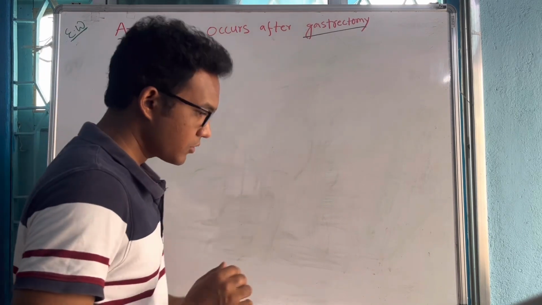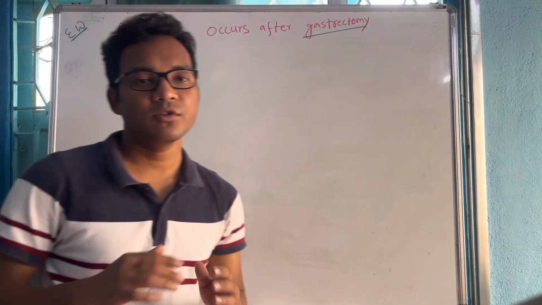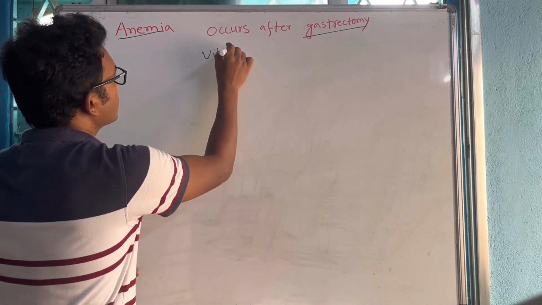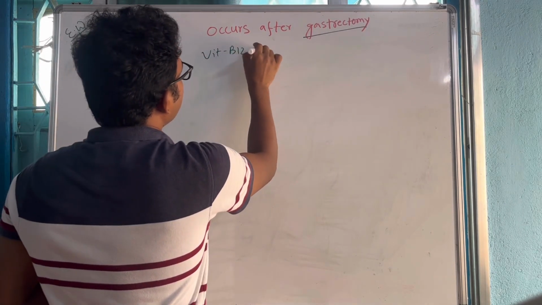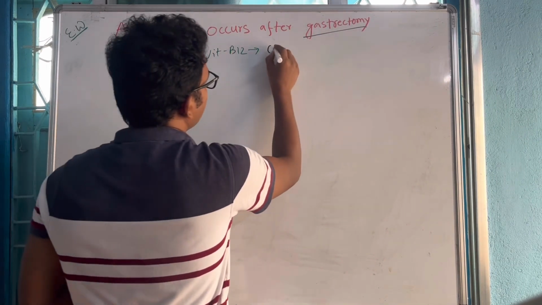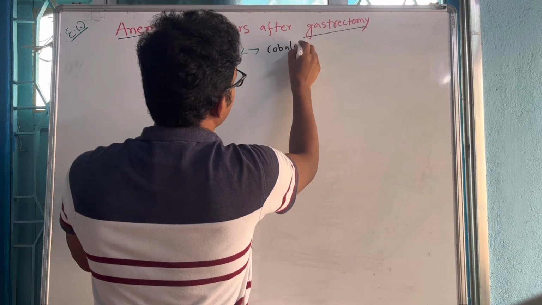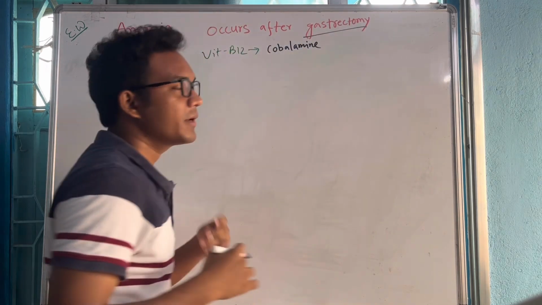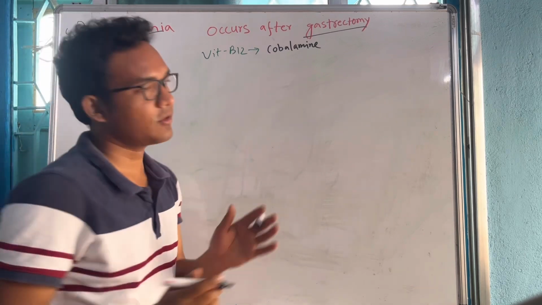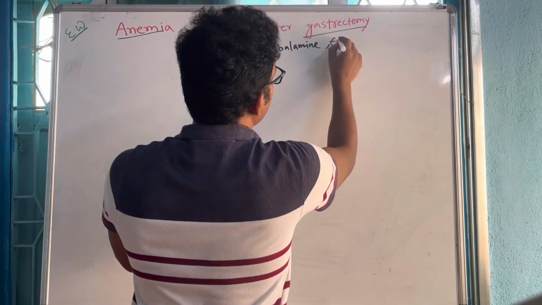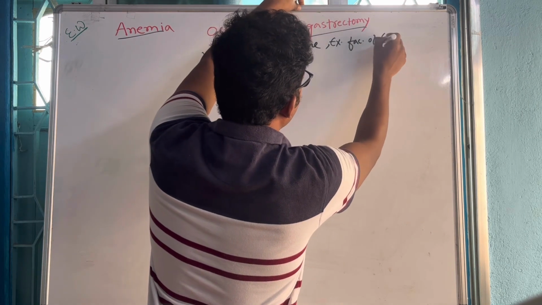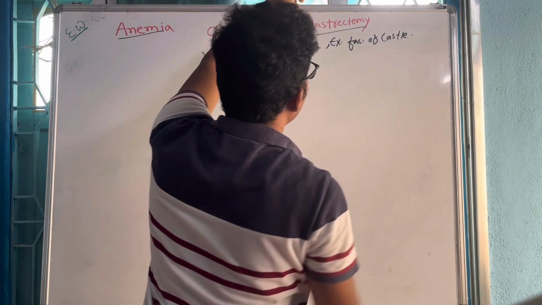Now we will learn a little bit about vitamin B12. Vitamin B12 is also known as cobalamin or cyanocobalamin. Sometimes it is also called the extrinsic factor of Castle.